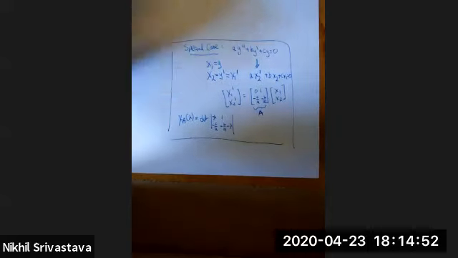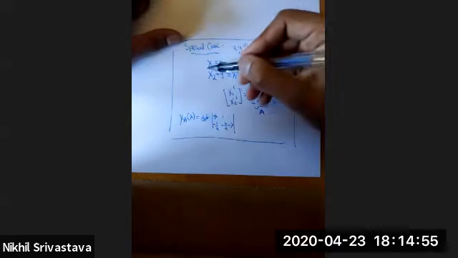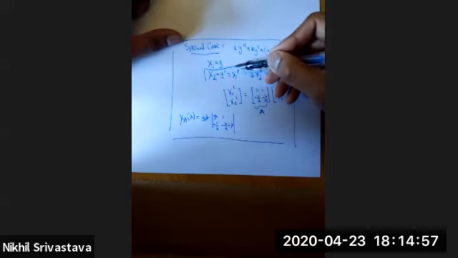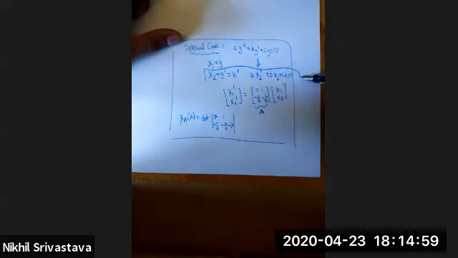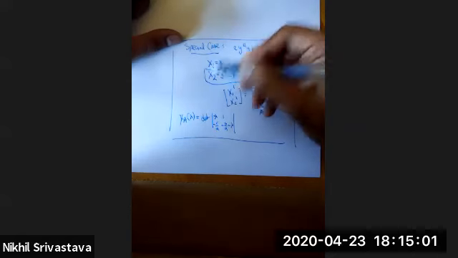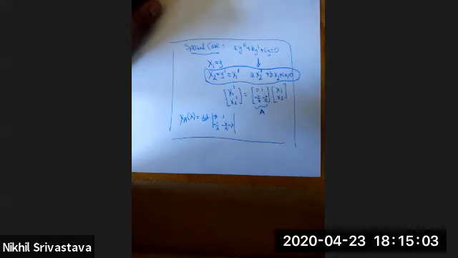How did I get the matrix? I literally combined these equations. Right? So I moved all the primes to one side and just wrote them in matrix form.